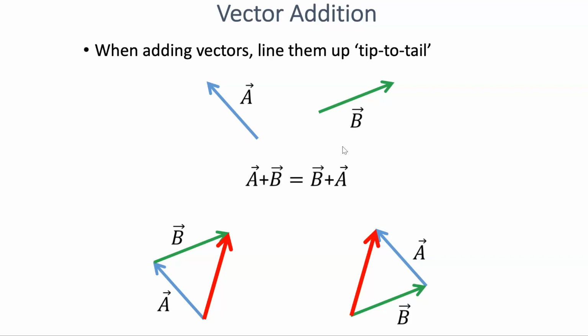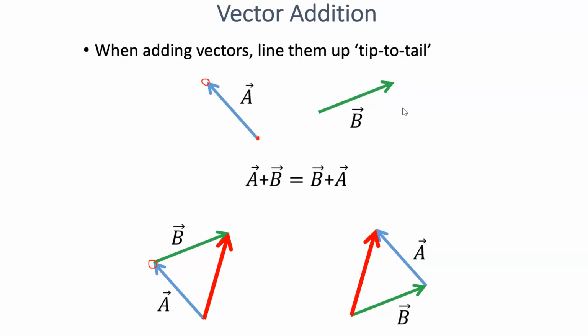In the bottom here, we can see the tip portion, which I will try to annotate for vector A, in the red. The point where they meet is just the tip of one connected to the tail of the other vector, and then we can form the red, which is the resultant, the result of the addition of the vectors.